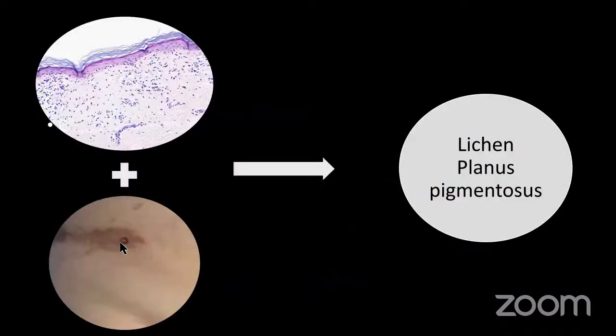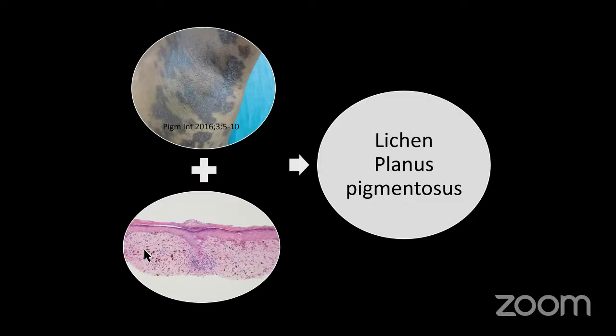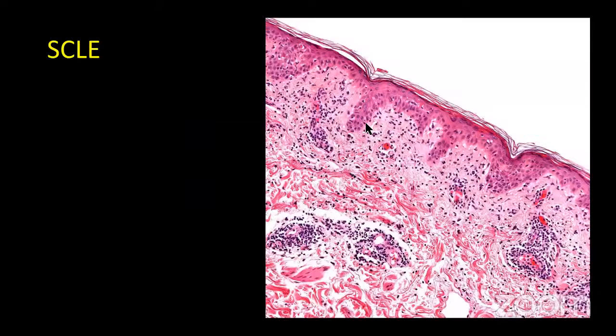So this is just another example of lichen planus pigmentosus. This was under the breast. Lupus erythematosus is another example of something that might have a combination of interface plus more of a lichenoid infiltrate. Here's your classic interface reaction that you can see in subacute cutaneous lupus.